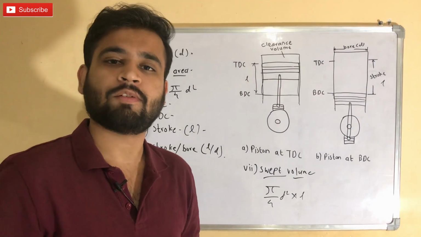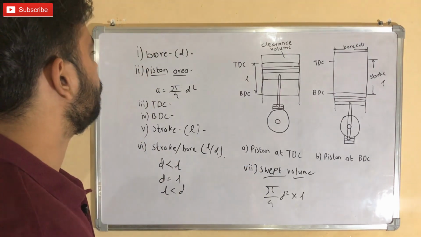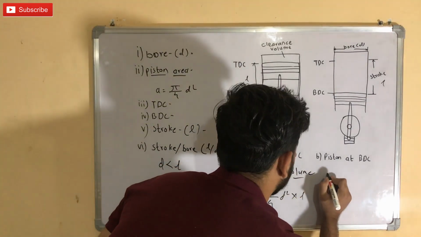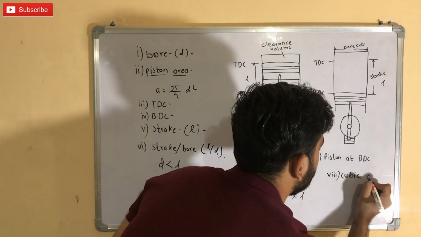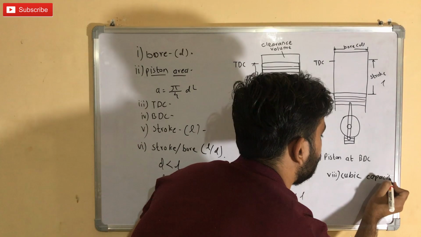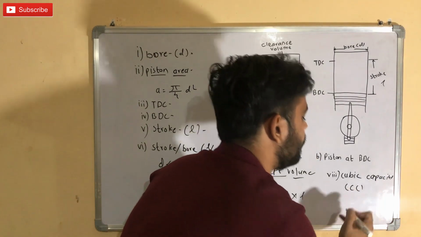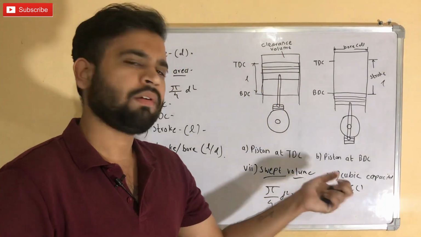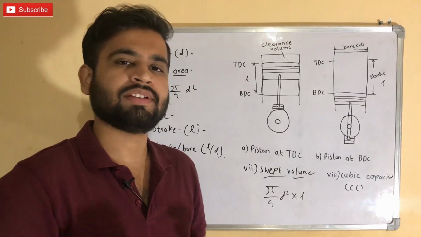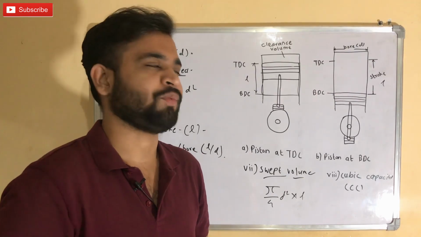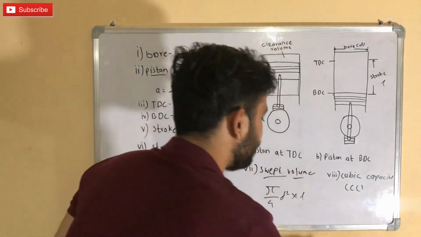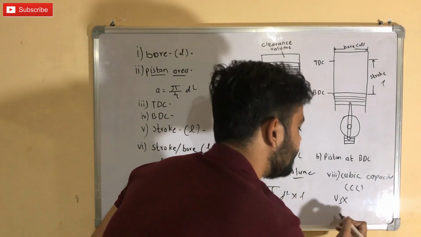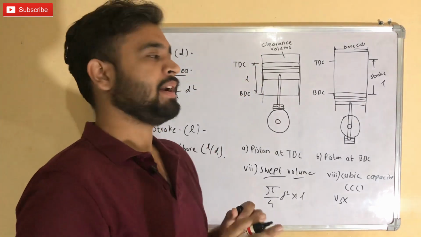Our next topic is very important: cubic capacity of an engine, or we can also call it CC. So what is this CC? You have always heard this CC whenever the specification of an engine comes up. Cubic capacity is nothing but the swept volume, which is Vs, multiplied by the number of cylinders in the engine.